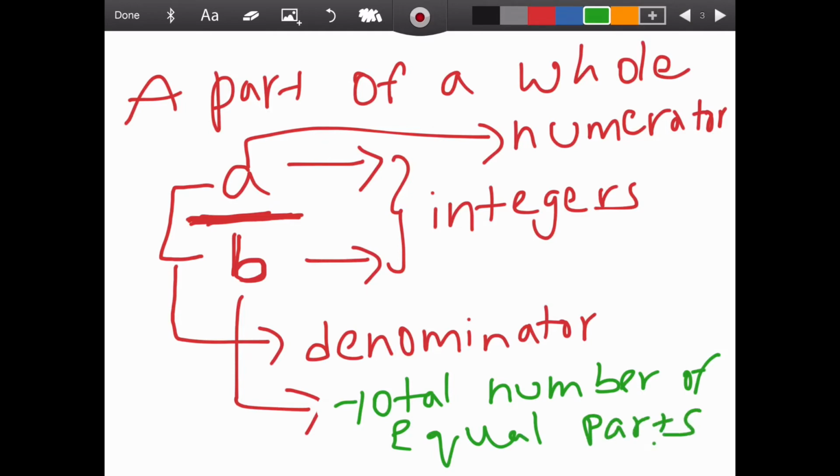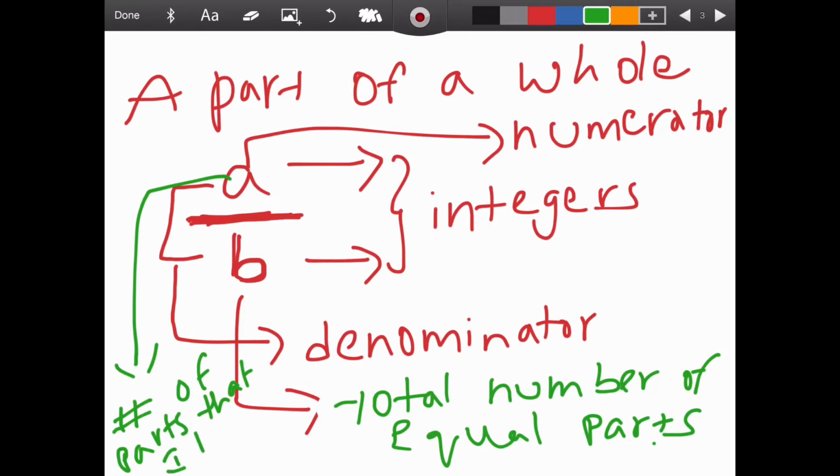Okay, the numerator is the number of parts that I have, or that have been taken or eaten or shaded, anything.